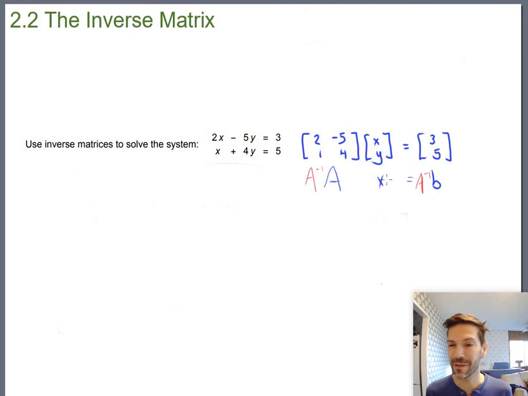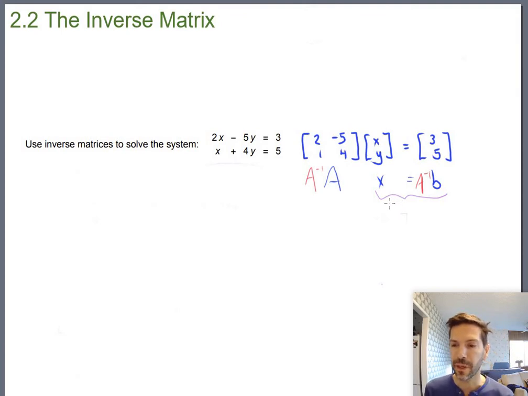Multiply both sides on the left by the inverse, and we know that the A inverse in A will reduce to the identity, and the identity times x is just x. So this solves for x. So really, once we find the inverse, all we need to do is multiply the inverse on the left by b. And that will give us our solution to our system of equations.